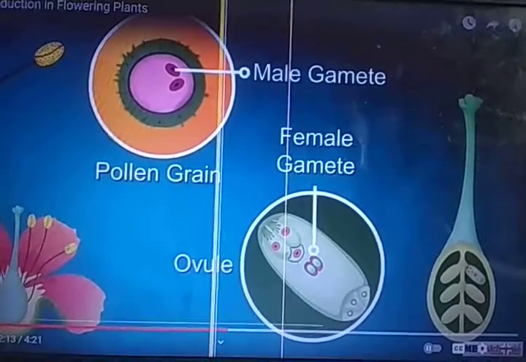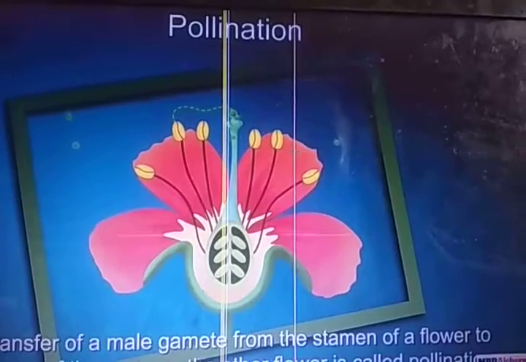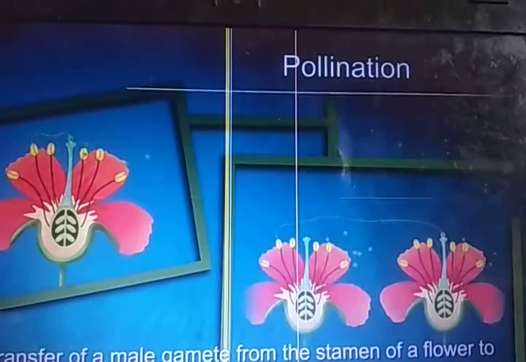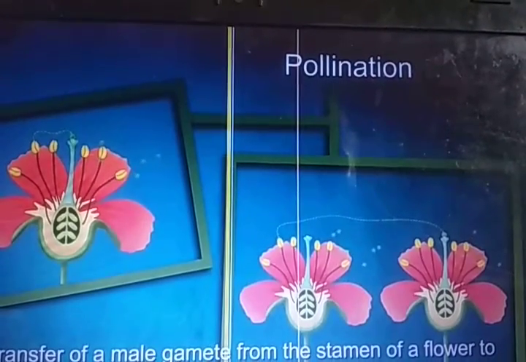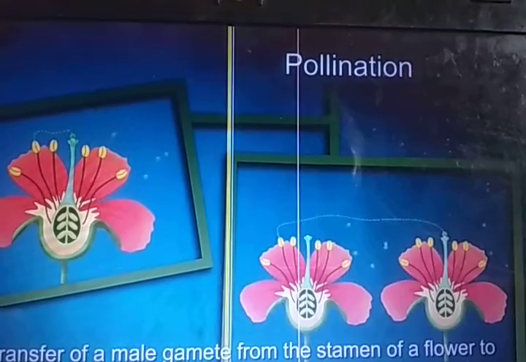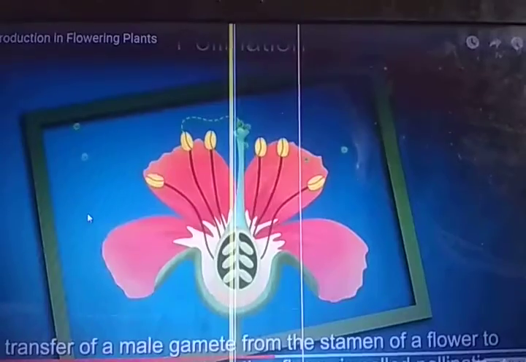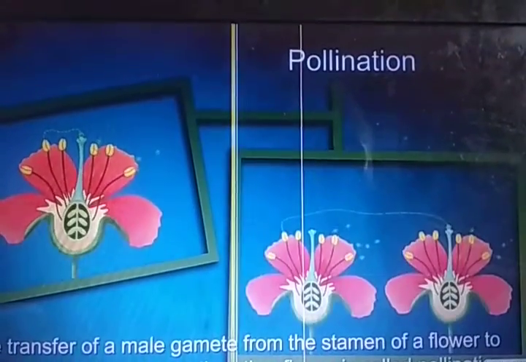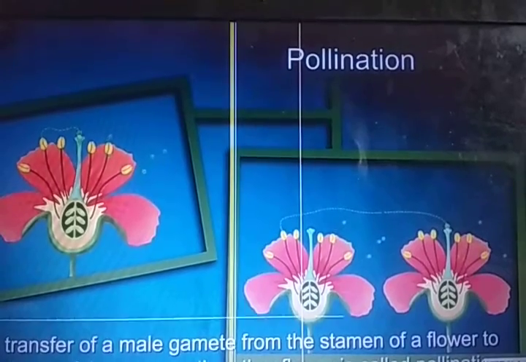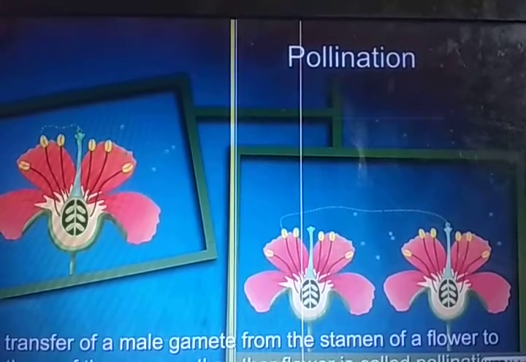What is pollination? The transfer of pollen grain from the stamen to the stigma is known as pollination.